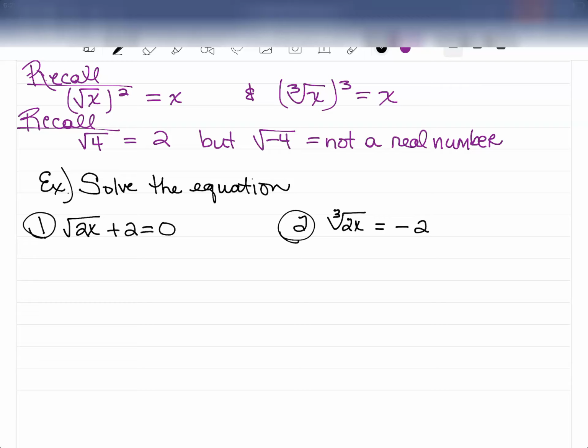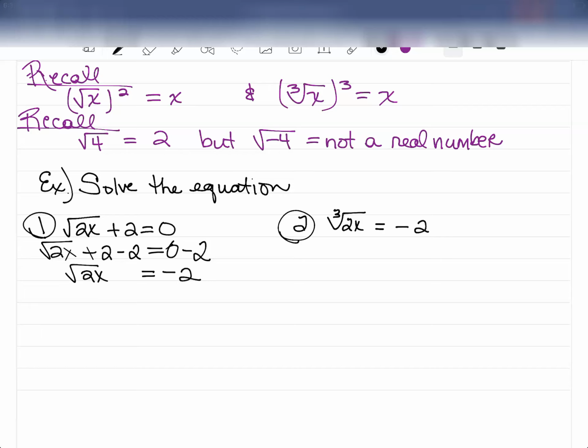So that means I need to subtract 2 from both sides to get rid of the plus 2. That will leave me with the square root of 2x equals negative 2.